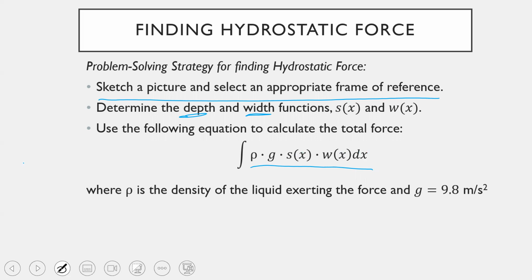In this formula, rho is the density of the liquid. Typically our liquid is going to be water, so we're going to use that 1,000 kilograms per meter cubed that we saw in pumping problems. And then g is always the acceleration due to gravity, which is 9.8 meters per second squared.